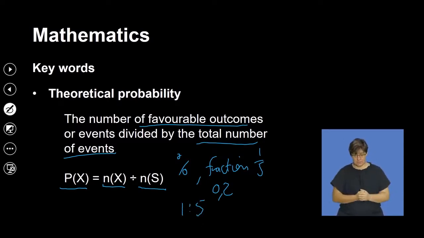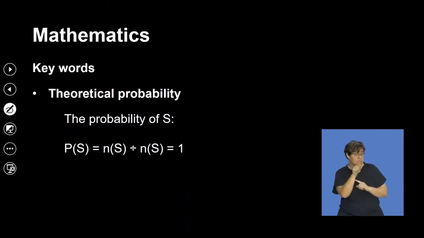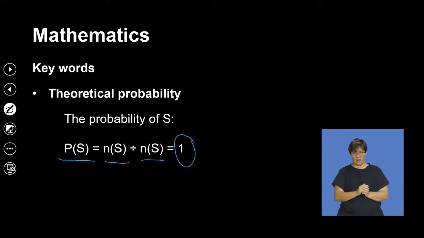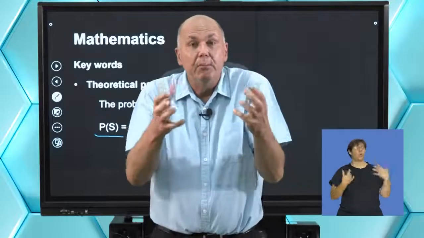And if we recognize that, there's another key thing I want you to recognize: what's the probability of the sample space? Well, it's the number in the sample space divided by the total number in the sample space, and that comes out to 1. Now, guys, that's a very important rule and conclusion that we must remember.